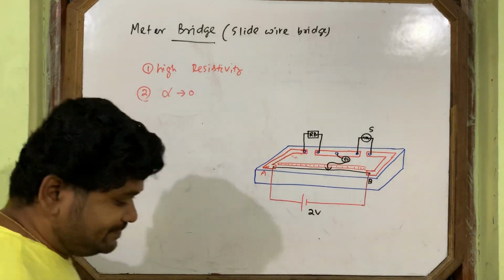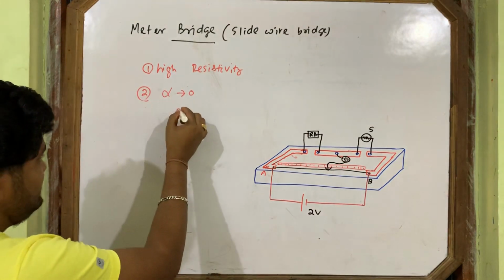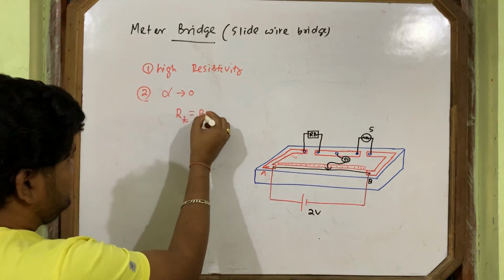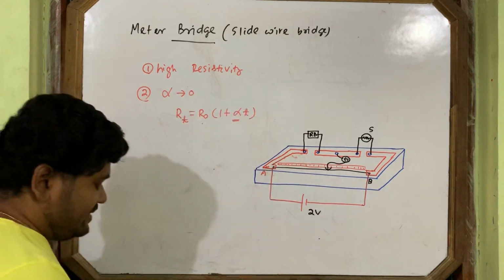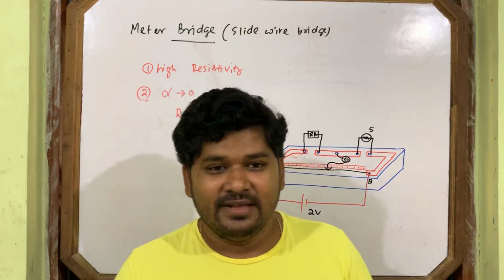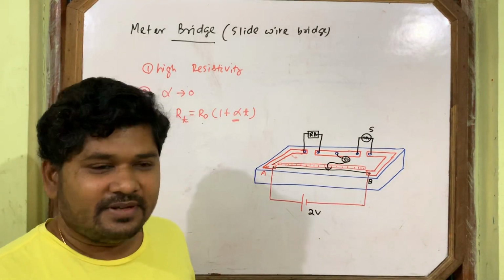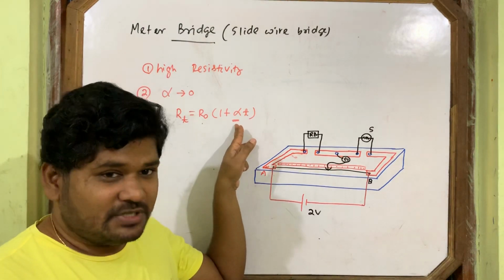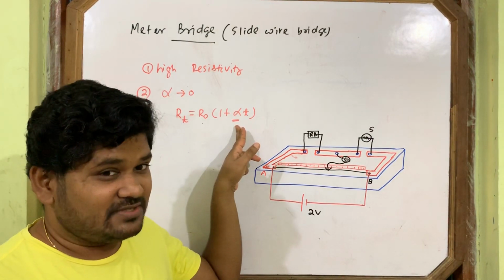What is alpha? Just recall, we have discussed R_T equal to R_0 into (1 plus alpha T). Alpha is the temperature coefficient of resistivity; resistance varies with temperature. Alpha is positive for conductors, negative for semiconductors, as we have discussed.